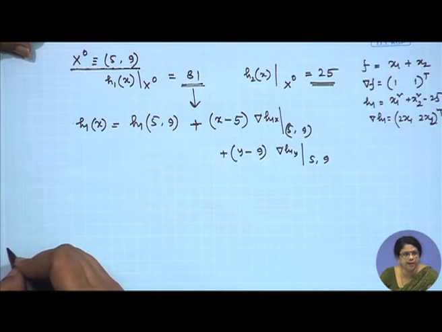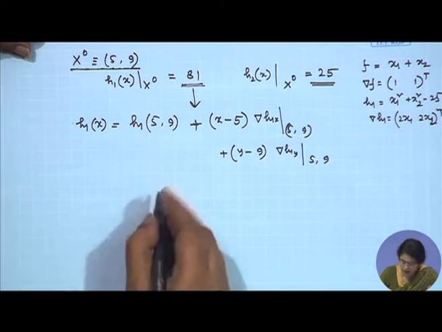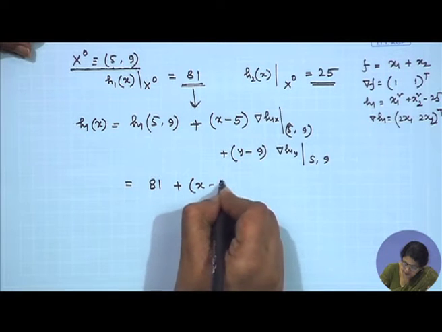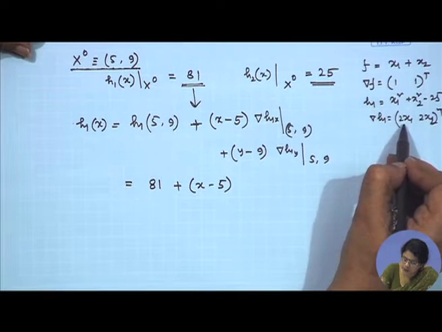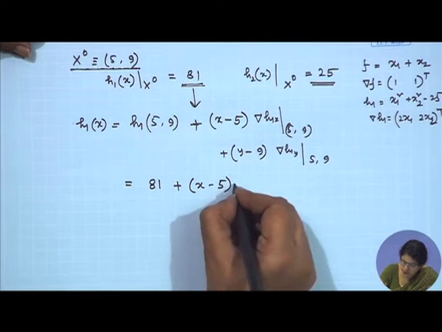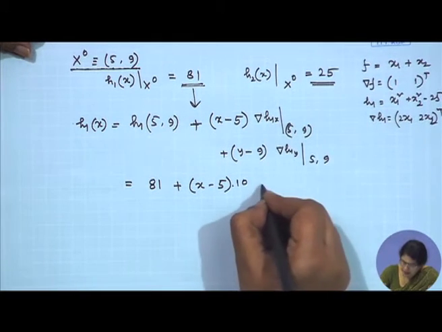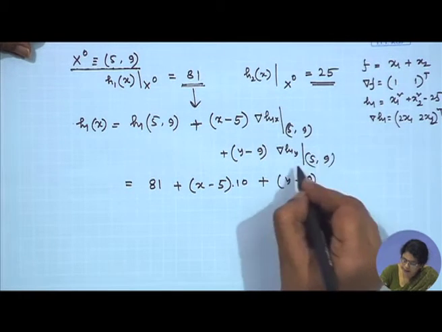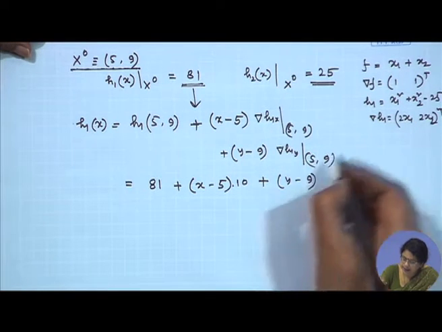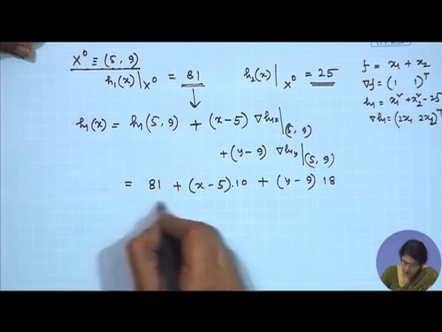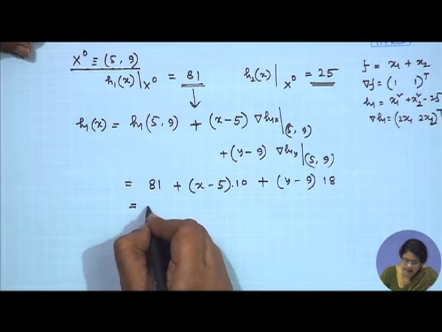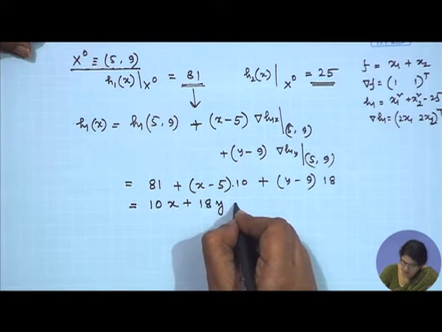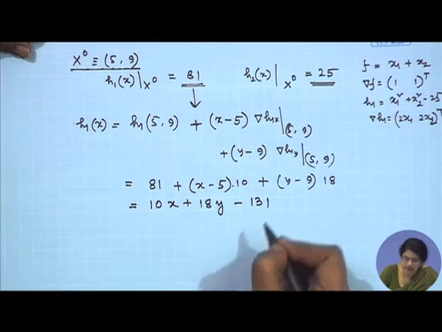Okay. That is the Taylor series I am expanding. This is equal to 81 plus (x minus 5) times 2x1, and 2x1 at 5 means 5 into 2, that is 10, into (x minus 5), plus (y minus 9) times the y part, which at (5, 9) is 18. This becomes 10x plus 18y minus 131.